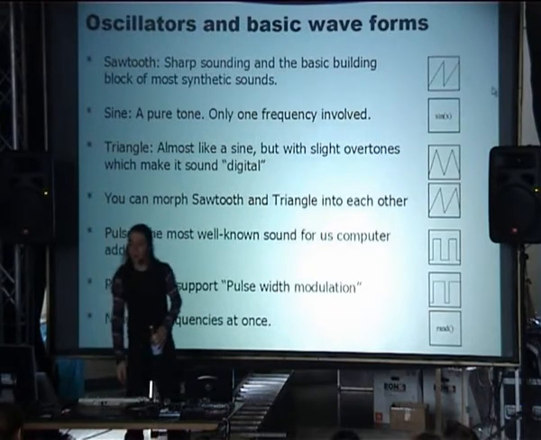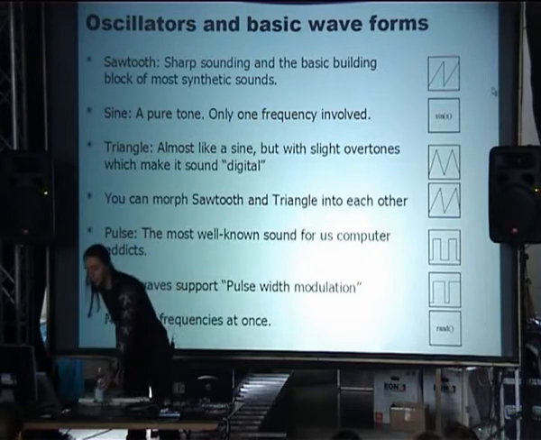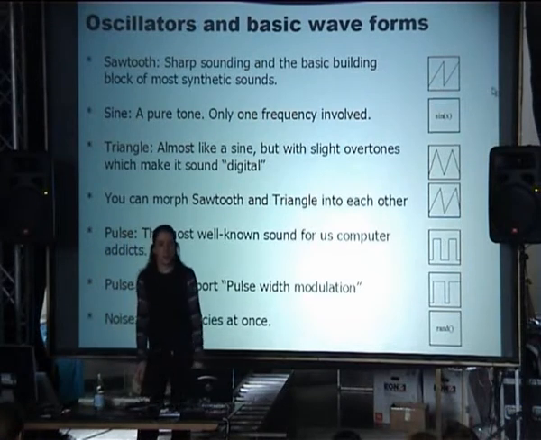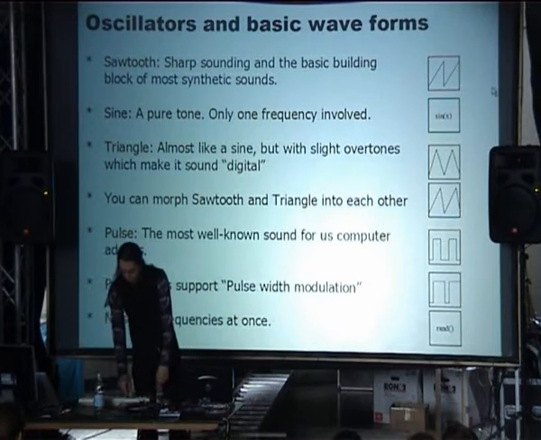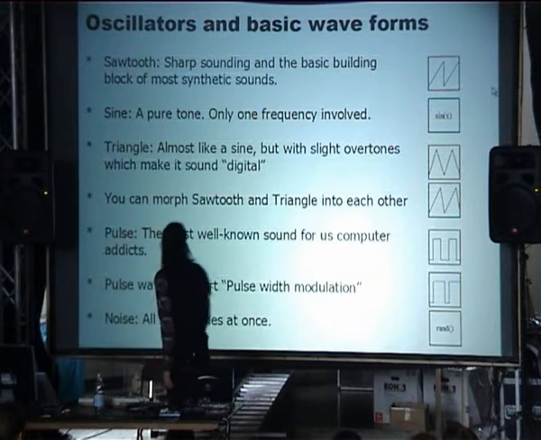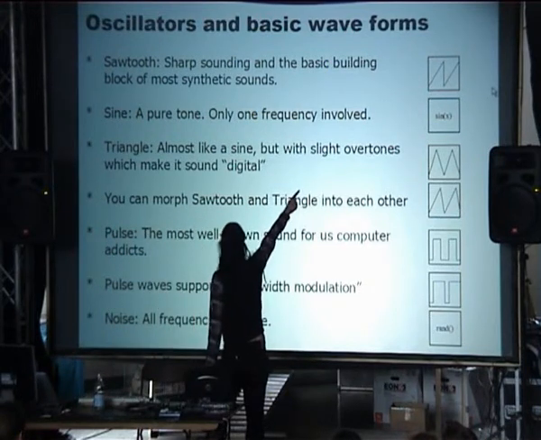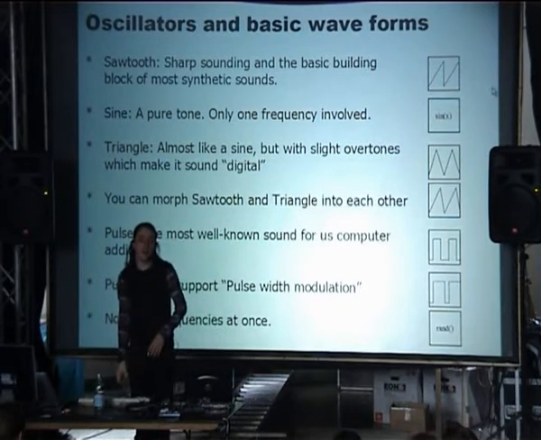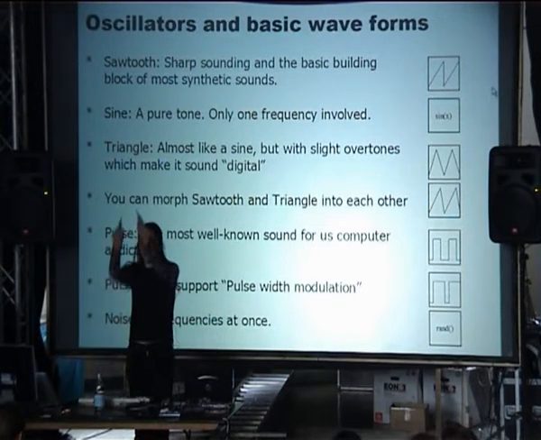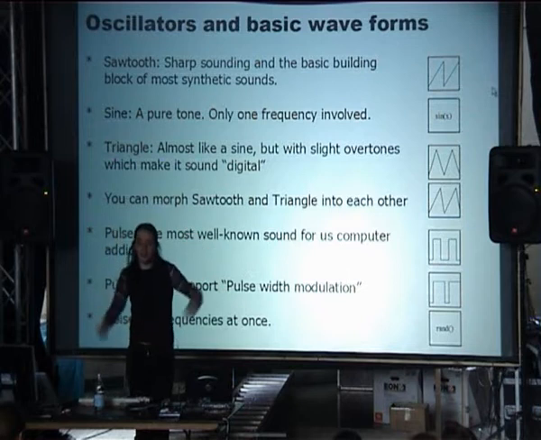So we come to the first basic building blocks, which are those oscillators which generate sound. For example, we have the sawtooth wave. You should maybe know it. It's sounding like this, and it's looking like this. It's a sharp sound and the basic building block of most synthesizer sounds, because it has a good even distribution of its frequencies.